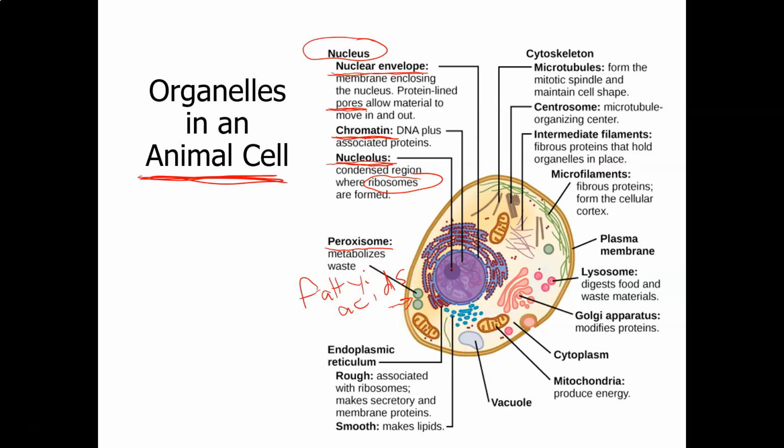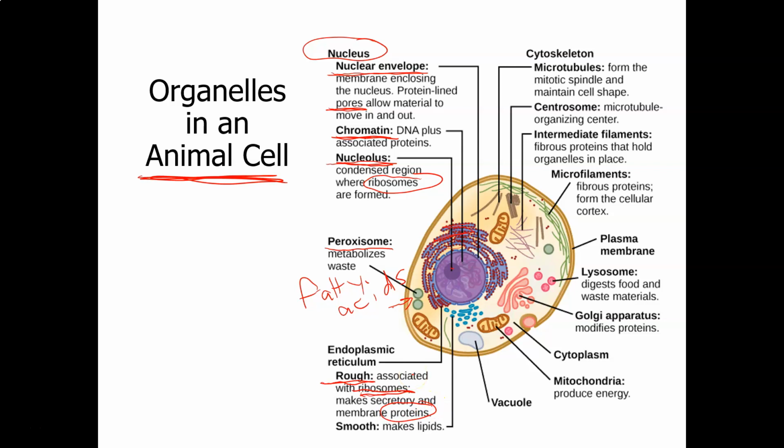The endoplasmic reticulum is this network of channels. You see, most of them have these little red dots on them, and those little red dots represent ribosomes. So the rough endoplasmic reticulum contains ribosomes and is associated with synthesizing proteins.